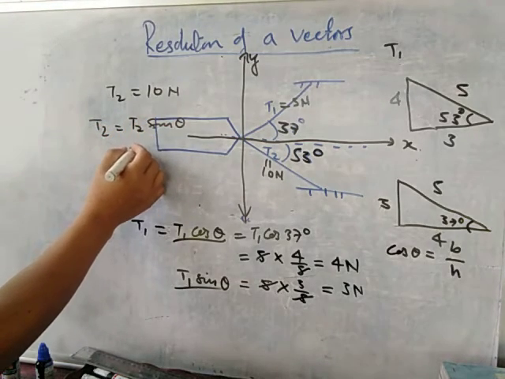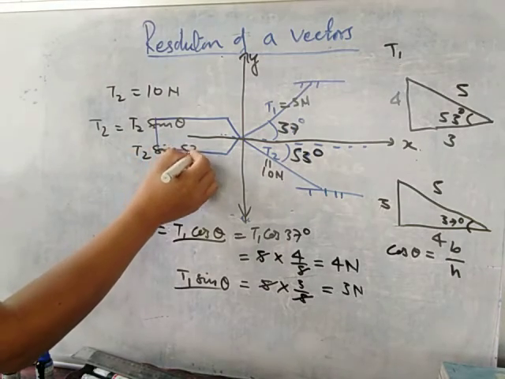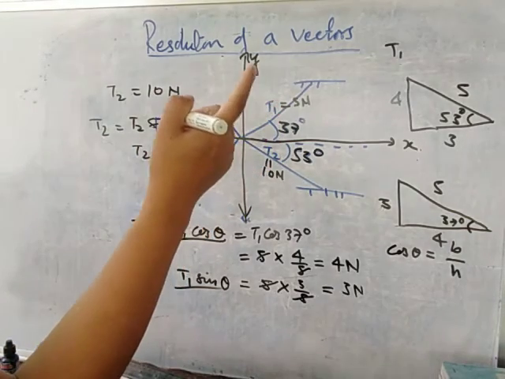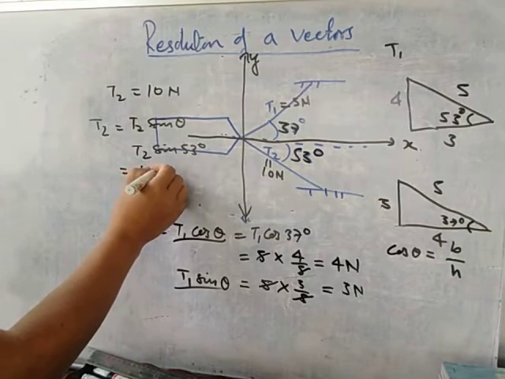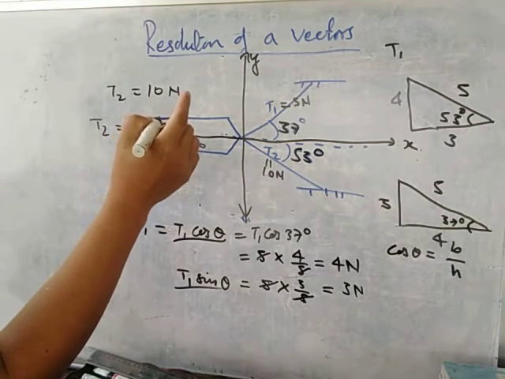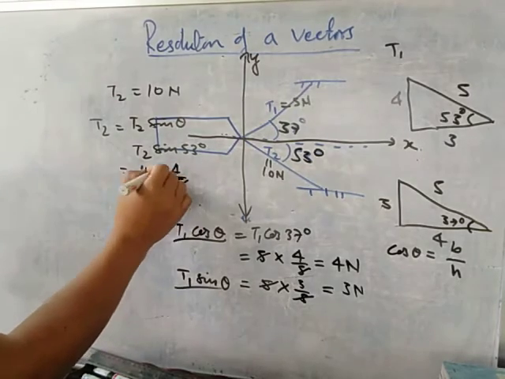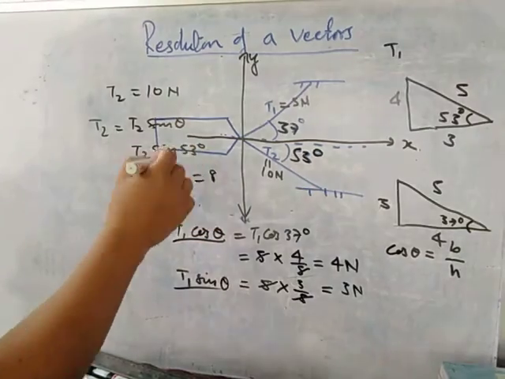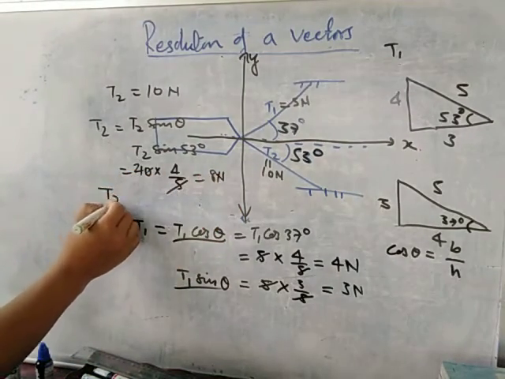So T2 sin 53 degree, isn't it? So sin 53 degree, P by H. So T2 is your 10 into P by H, perpendicular by hypotenuse. So 4 by 5. So कति भयो? 2 4s are 8, isn't it? 8 Newton.